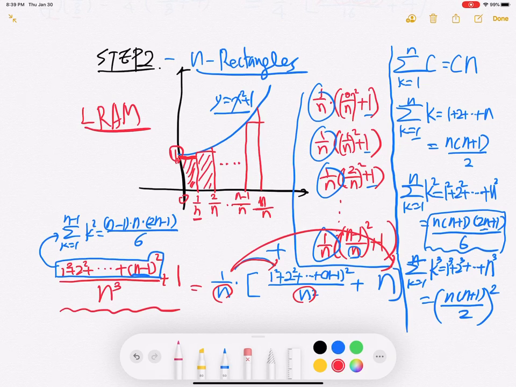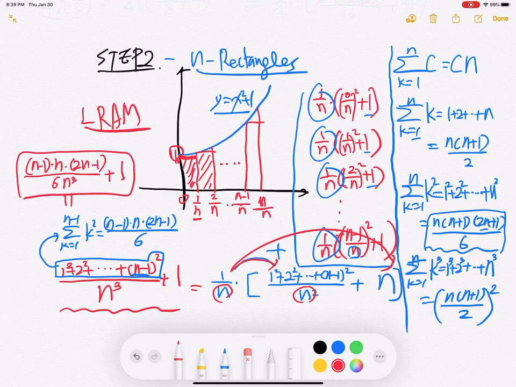So what is the final answer? What is the n rectangles area using LRAM? The sum of all n rectangles in terms of n. It's this: n minus 1 times n times 2n minus 1 over 6 over n cubed, so over 6n cubed, plus 1.